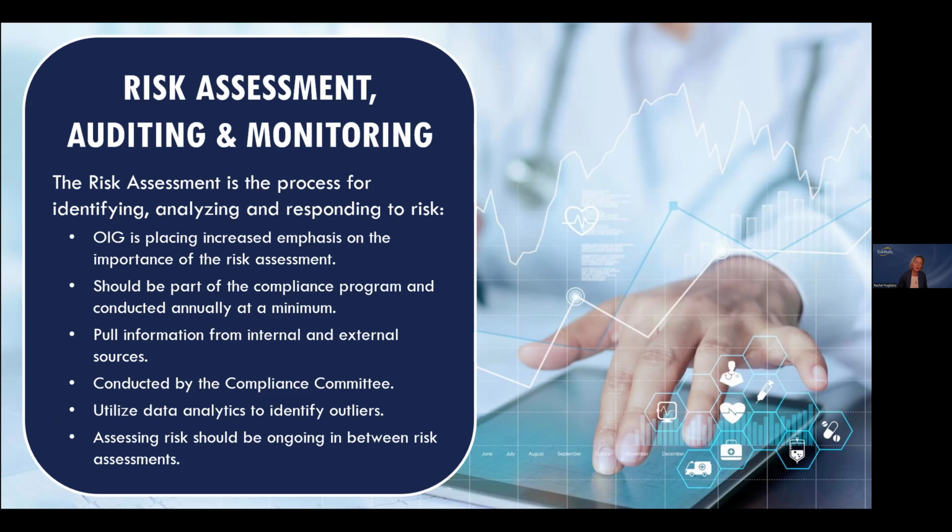Like I said, there's been an increased emphasis on the risk assessment. This is something that should be performed annually, but there could be ways that risk could be assessed throughout the year so that you can respond a little bit more proactively versus retroactively on some of these risks. And sometimes it's a matter of just pulling some reports from both internal and external resources.